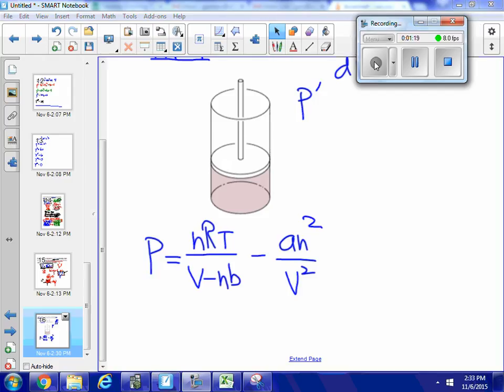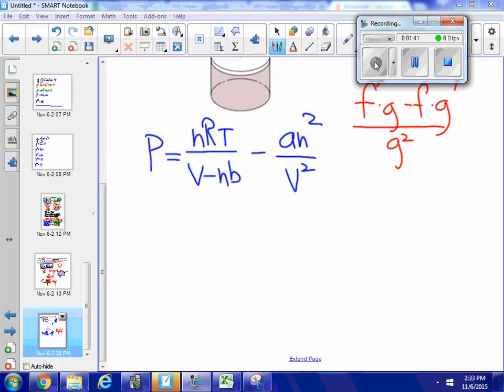And my only variable here really is V. Everything else is a constant. So thinking about my quotient property, I know I'm going to have F times G minus F times G, and that one's going to be prime, and then that one's going to be prime, all over G squared. I'm just going to apply it to each one of these separately.